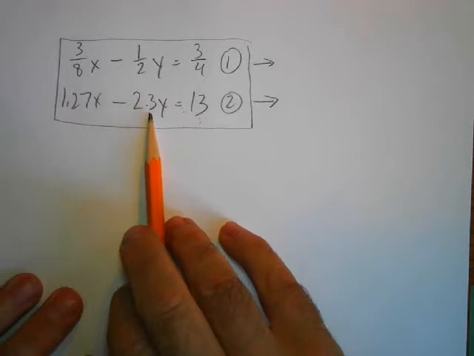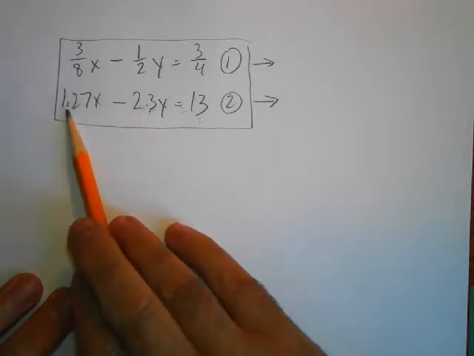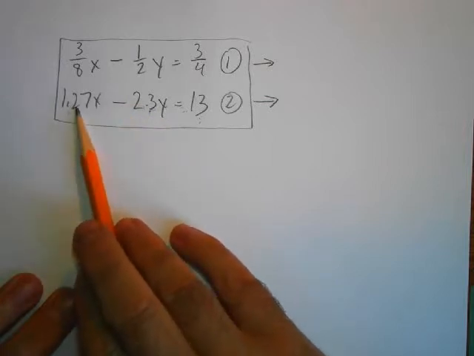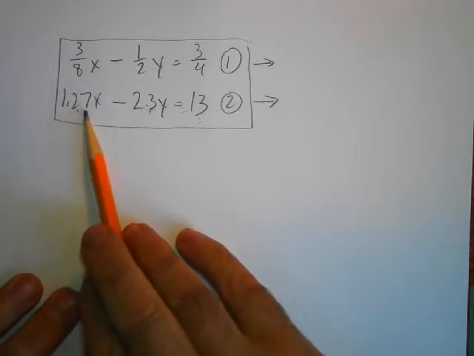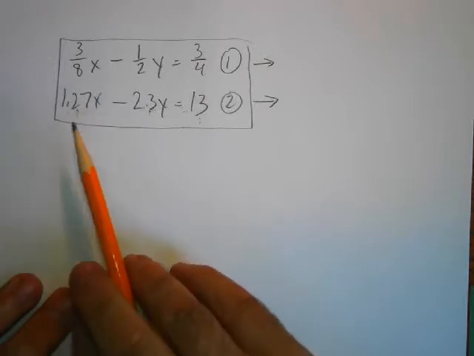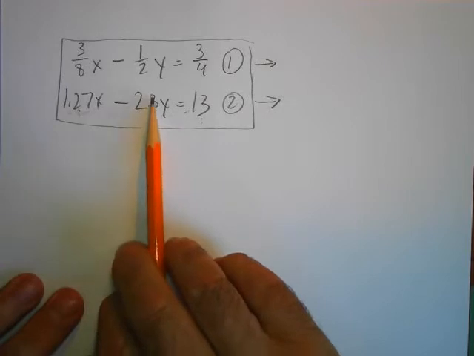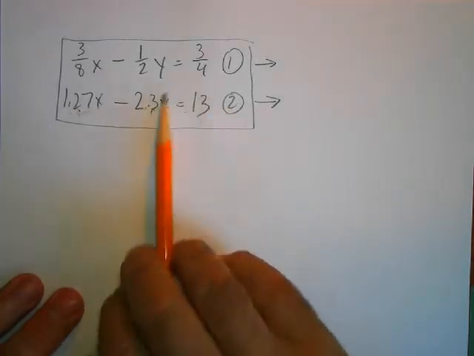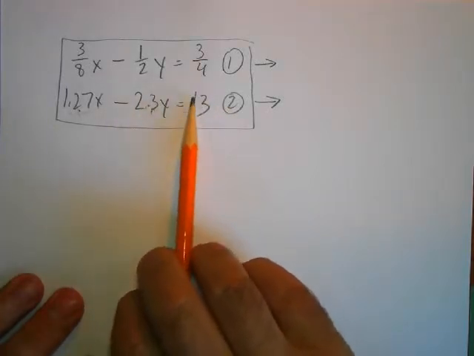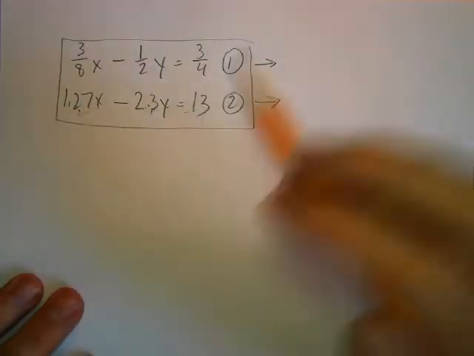The negative 2.3, if I multiply that by 10, it would turn into minus 23, so that'd be okay. But if I multiplied this one by 10, that wouldn't be enough, right? That would turn it into 12.7. But if I multiplied by 100, in other words, move the decimal place 2 to the right, that would take care of that. It would also take care of this as well. It doesn't matter if we multiply this by any number, it's still going to be an integer.